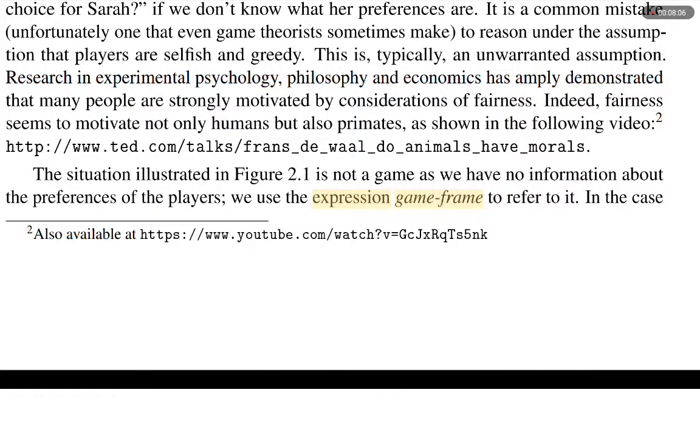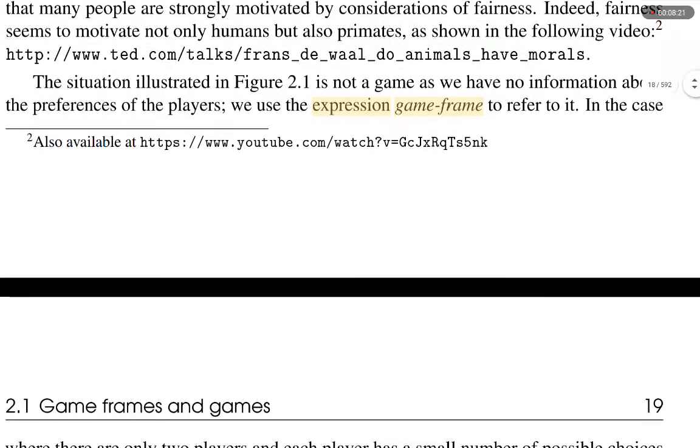The situation illustrated in Figure 2.1 is not a game, as we have no information about the preferences of the players. We use the expression game frame to refer to it.